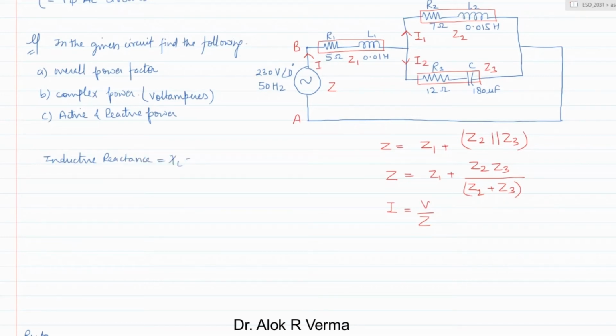It's given as XL, which is nothing but omega L, and capacitive reactance is given as XC, which is 1 by omega C, where omega is nothing but 2 pi f. In the given circuit example, f is 50 hertz, so we have 2 pi into 50, which is nothing but 314. So for this question, omega is 314.